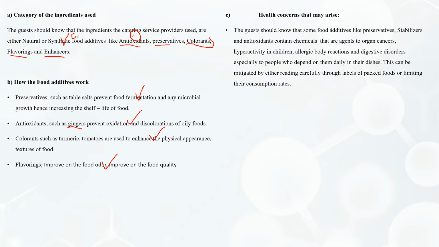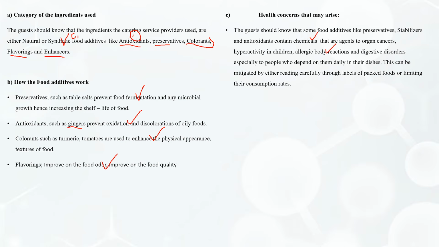Now when you talk about the health concern, we can say the guests should know that some food additives like preservatives, stabilizers, and antioxidants contain chemicals that are a danger, that are agents to organ cancers, hyperactivity in children, and allergies. These are effects.